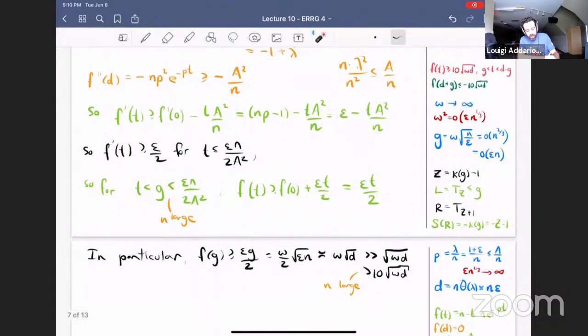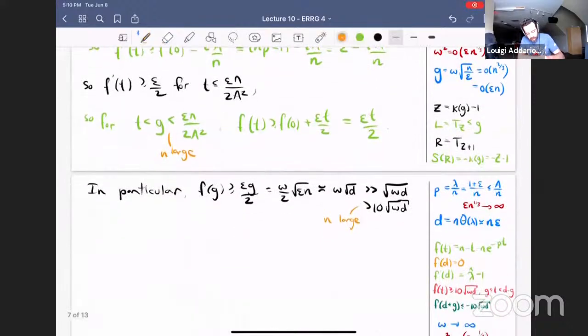Now for the other bounds, we're going to again study the rate of change of f, but around d rather than around 0. That'll take us just another 5 minutes, and then we'll be done with this topic. We know that f prime at d is the dual parameter lambda hat minus 1.